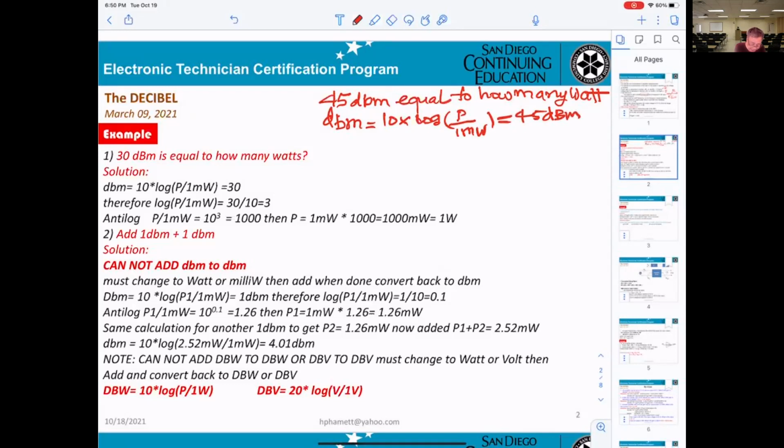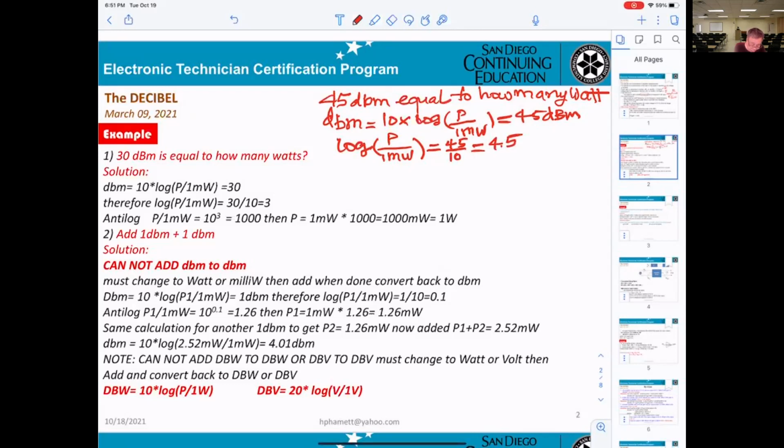Okay, so now you take the log only. 10 log of P over 1 milliwatt equals 45. Divide by 10 equals 4.5.